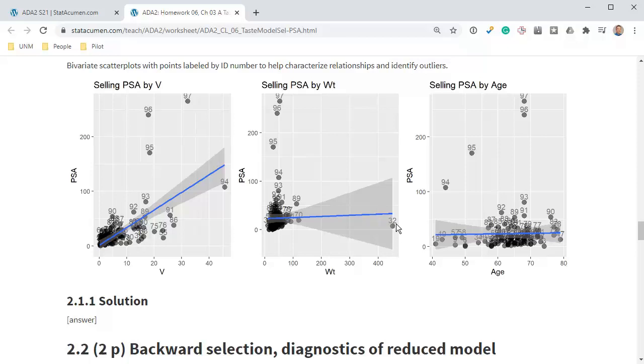If we look at observation 32, you'd think that the volume and the weight would be related to each other. But this observation 32 does not have a really large volume. It makes me think this is probably a data entry issue. Because we can't really see where 32 is. It's sort of buried in these other values.